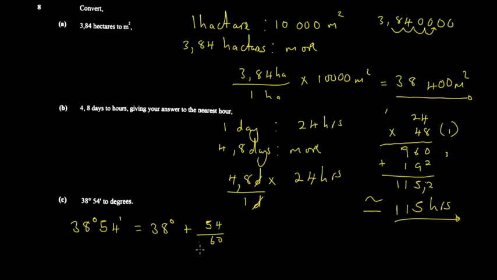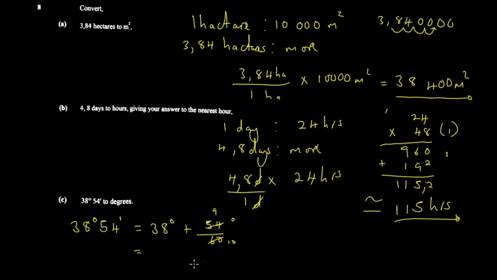Minutes you divide by 60, in the same sense that if you had minutes in time, then you actually have to divide by 60 in order to get the equivalent in degrees. You can actually simplify this, it's still fine if you want. So you can simplify this by 6. If you say 6 here, then you get this one. If you say 6 here, then you get 9.